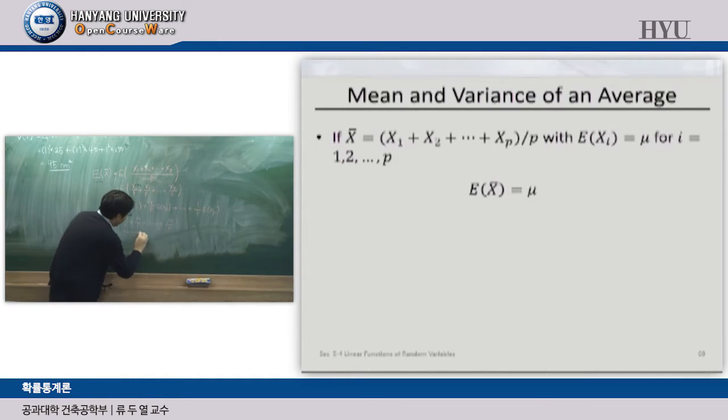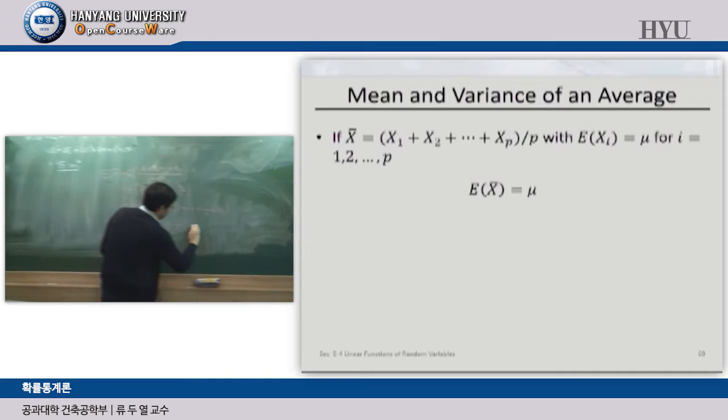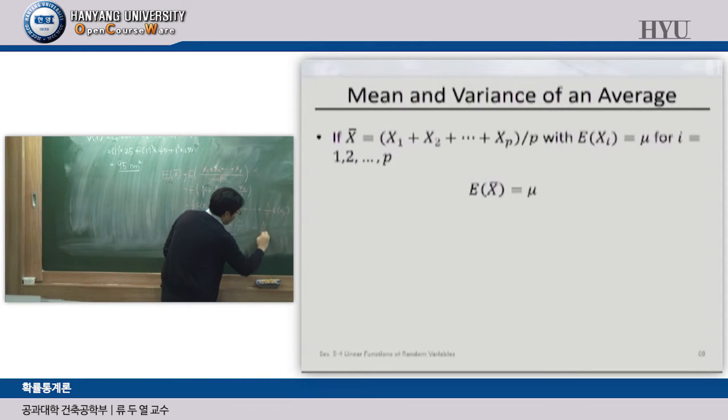And the number of all these terms is p, right? Because we are considering xi from x1 to xp. So the number of these terms is p, which means mu over p times p.